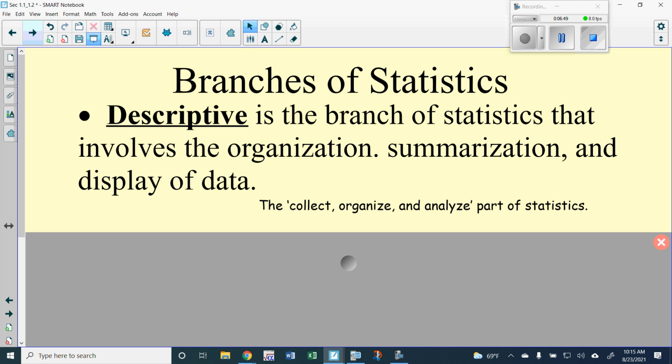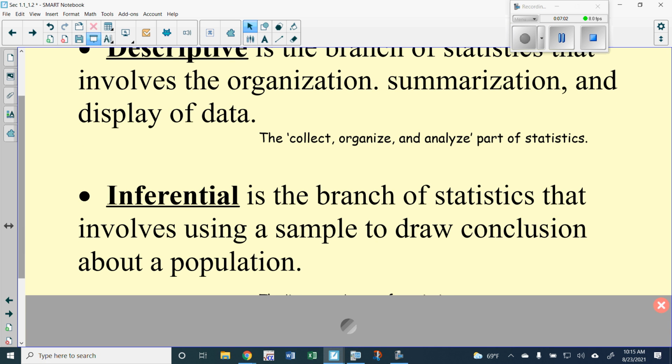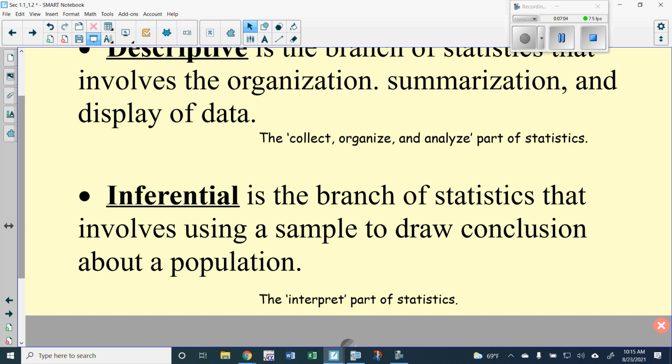And then the second part is the inferential statistics. This is the interpret part of statistics. This is the part you use to make decisions and figure stuff out. When you think about statistics, if I asked you when you walked in here today, what is statistics?